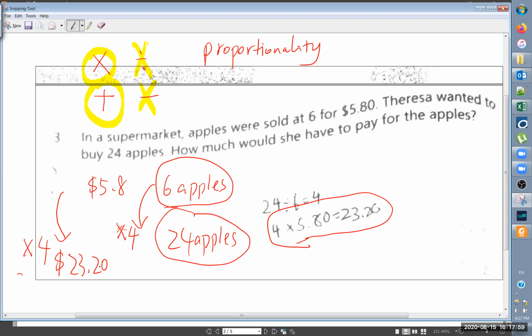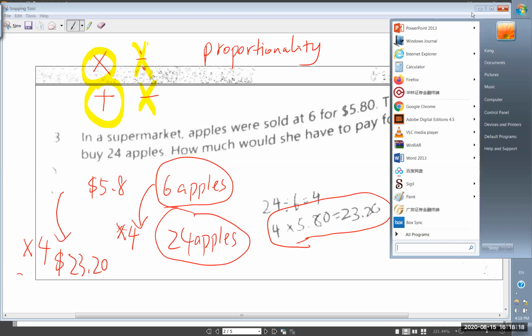So I'm using proportionality. Does it make sense? The number of apples, you times 4, so the money you pay is also times 4. I'm going to give you another example.